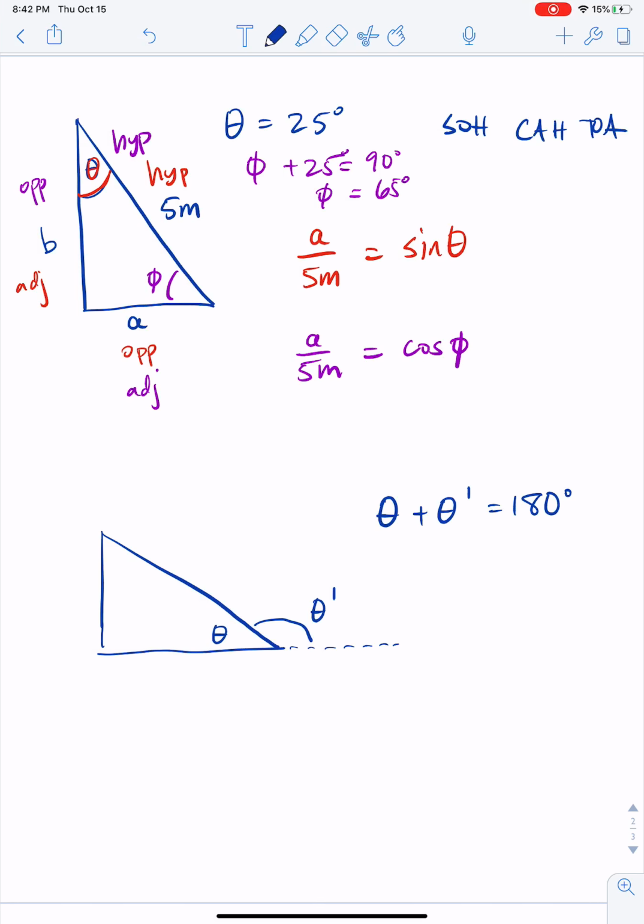Now, say that we know the length of this hypotenuse and we want to know the height of this triangle. All right, we can use that height is the hypotenuse times sine theta. It's also the hypotenuse times sine theta prime, okay?